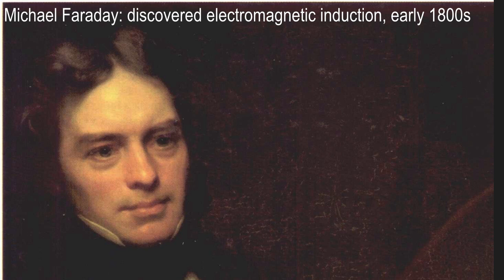And Michael Faraday is the fellow who discovered that an electric current can be generated by a magnet. If a magnet is moved through a loop of wire or a circuit of wire, it will induce electric current to flow. And that is how the big generators and little generators work.